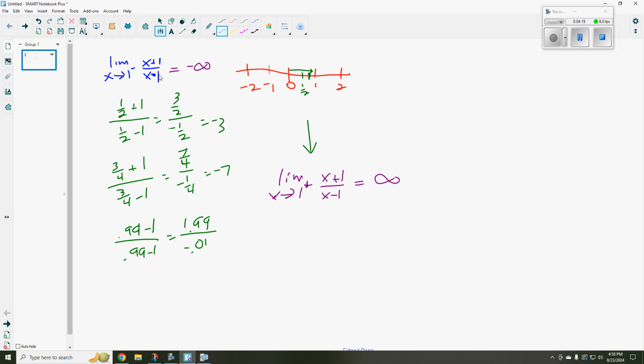So since my limit from the negative side is different than my limit from the positive side, the limit as x approaches 1 without the positive or negative of x plus 1 over x minus 1 does not exist, because the limits are not the same. One is negative infinity and one is positive infinity.